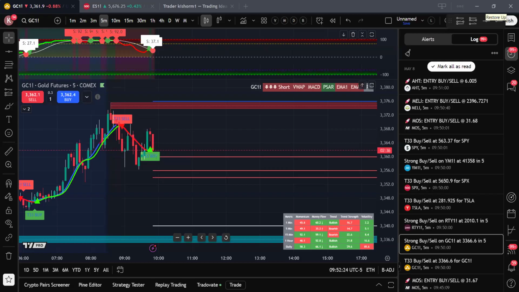Gold 309 put is around 1.6. So we are taking gold 309 put at 1.65 for today's expiry. No, for tomorrow's expiry.